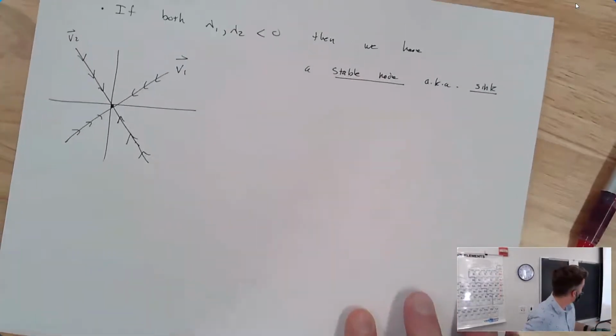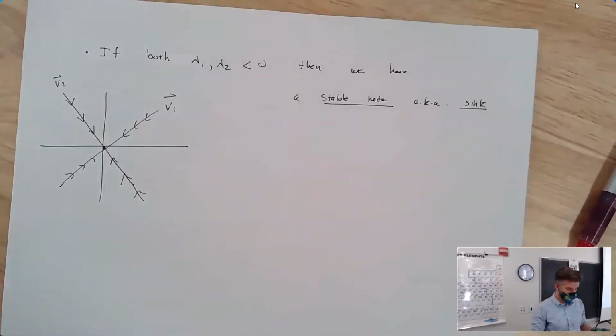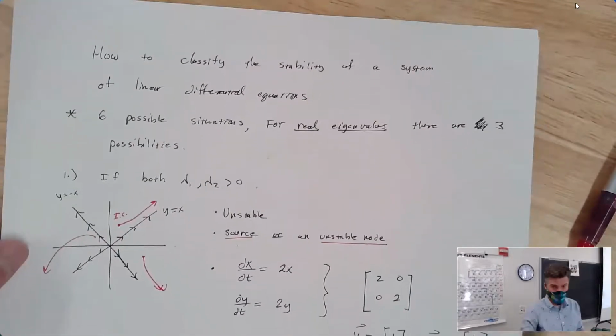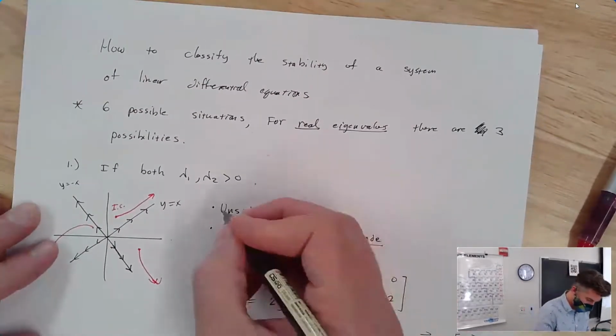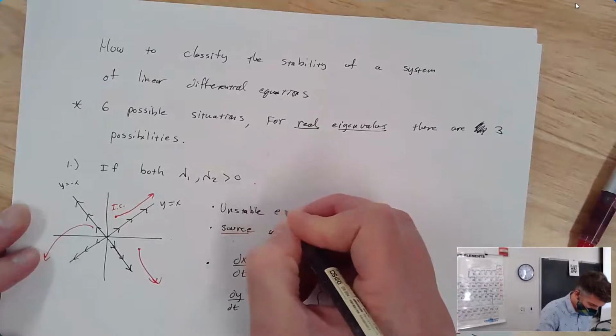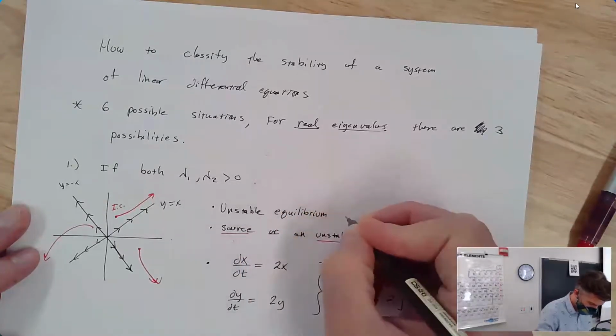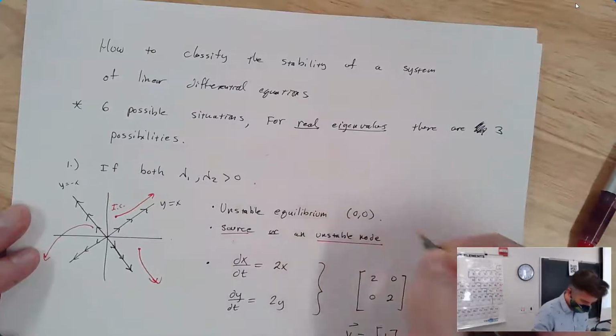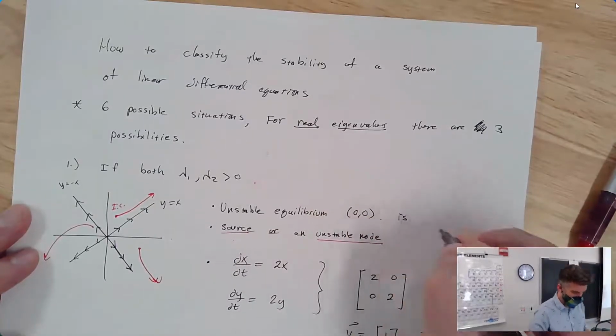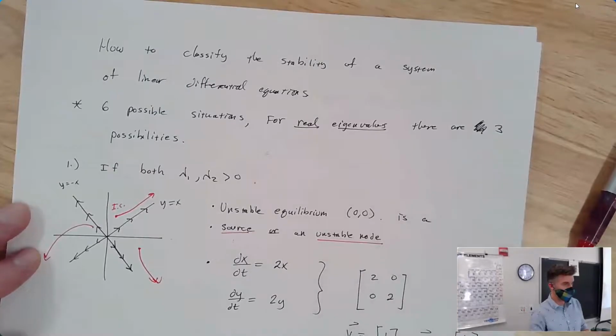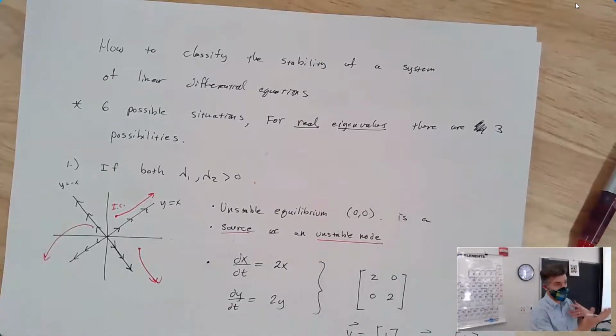I should go back and qualify here. I should say the unstable equilibrium is a source or an unstable node. So yes, we are talking about the equilibrium point.